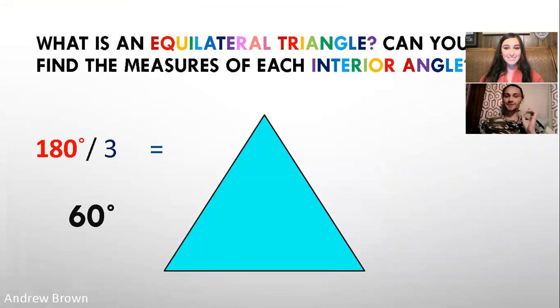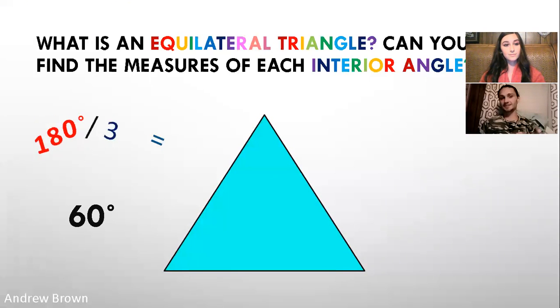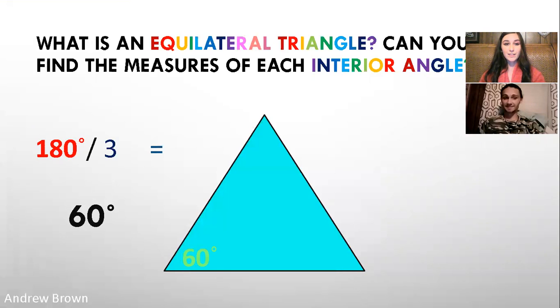So we certainly can find the measures of each interior angle too. So we know that the interior angles of a triangle must add up to 180 degrees, right? That's right. So since there are three interior angles, all we have to do is divide 180 degrees by 3, and we get the answer of 60 degrees.